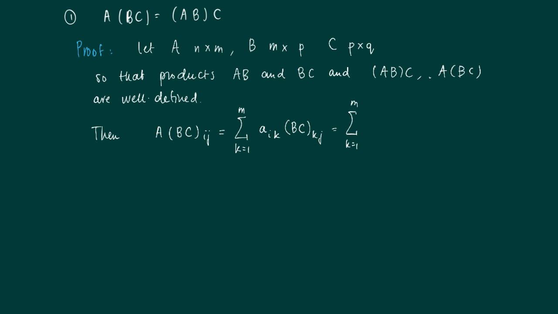We're going to write (BC)_kj as a sum, using the inner running variable L is 1 to p, the number of columns in B, which equals b_kL c_Lj.